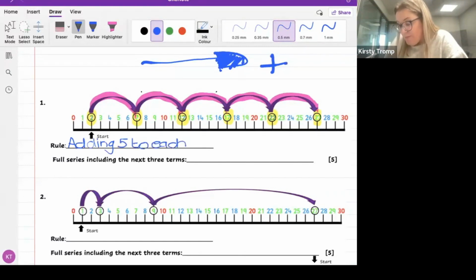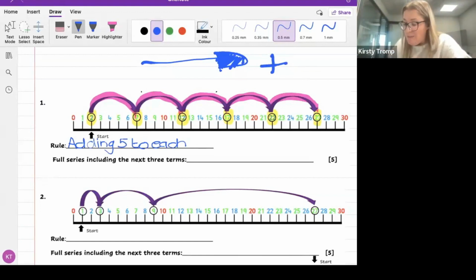to each. And now we need to be careful, because when we're doing number patterns, we need to make sure we're using the right terminology. When I say adding 5, I'm not just adding 5 to each number. If I just say each number, it's very vague. I could be talking about any number.